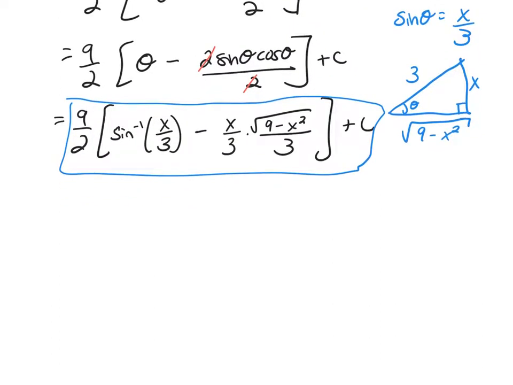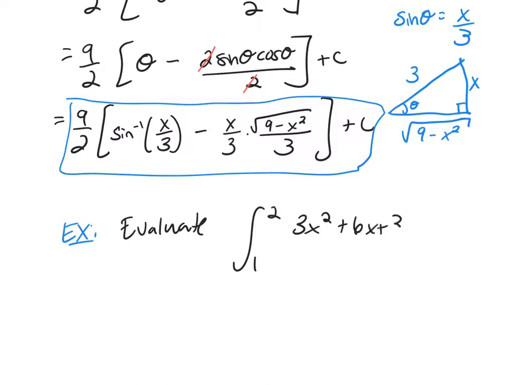So now let's look at a problem involving partial fractions. Let's evaluate the integral from 1 to 2 of 3x squared plus 6x plus 3 over x squared plus 3x plus 2.